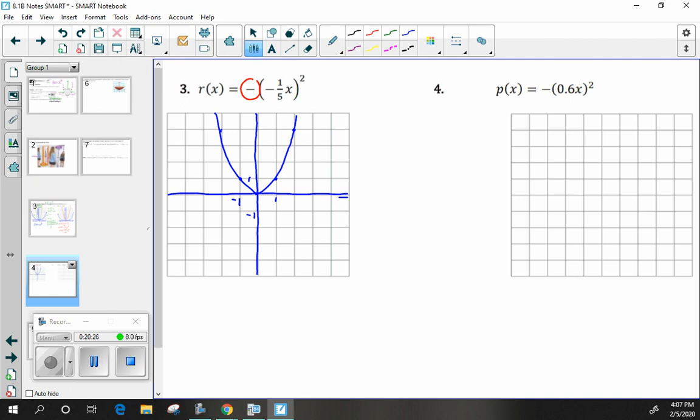What are we going to do with this? Well, like I said, we know it's going to open down. So the first thing we're going to do is plug in a 1 for x.